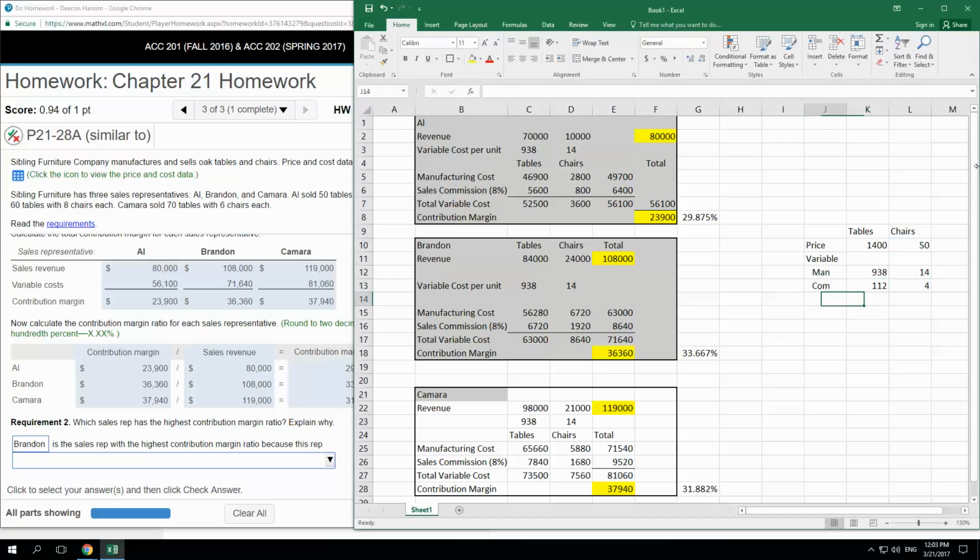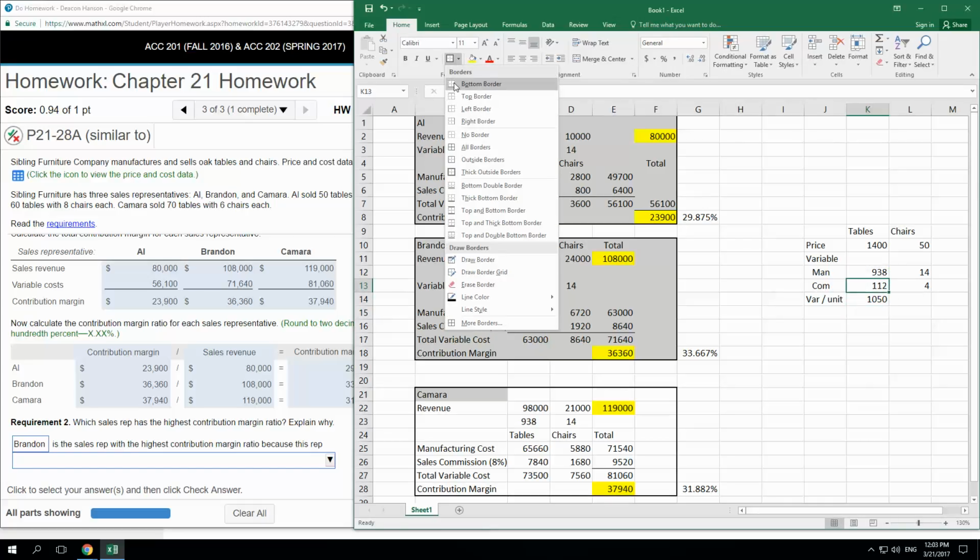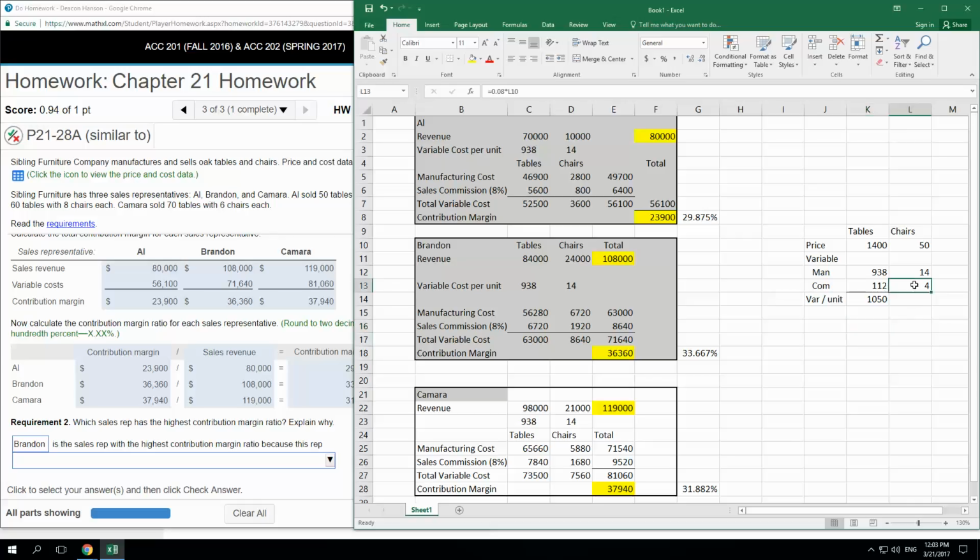Okay, so your total variable costs per unit would be 938 plus 112, and $18, right?